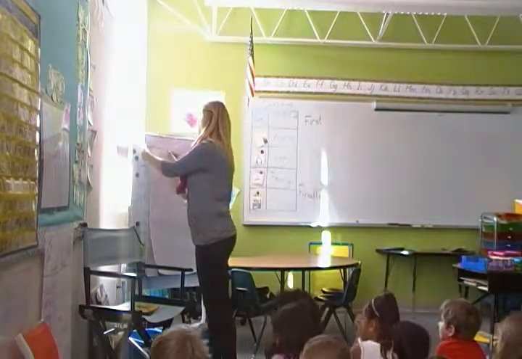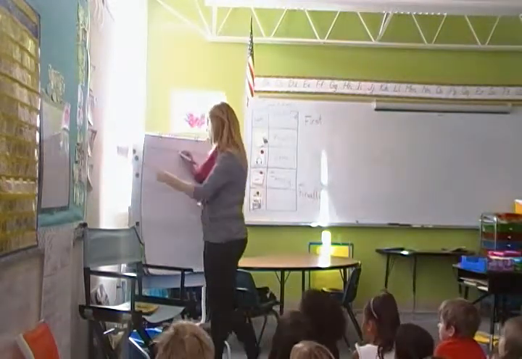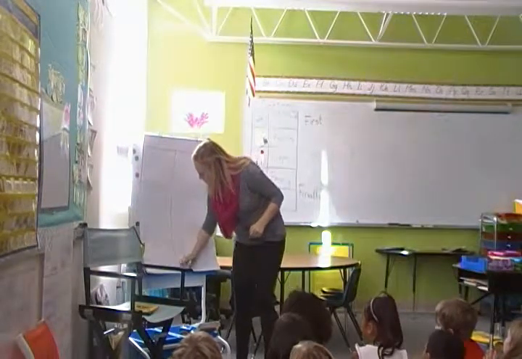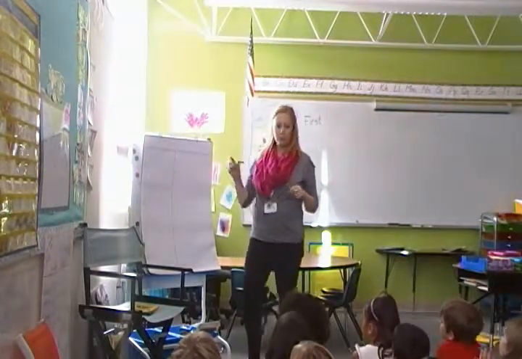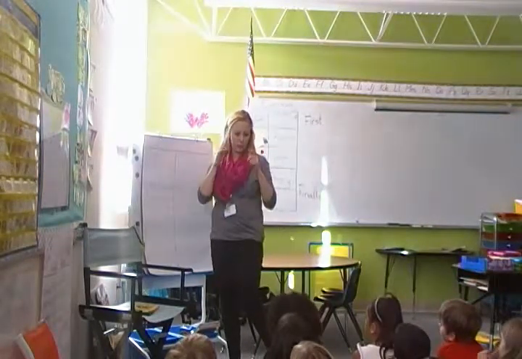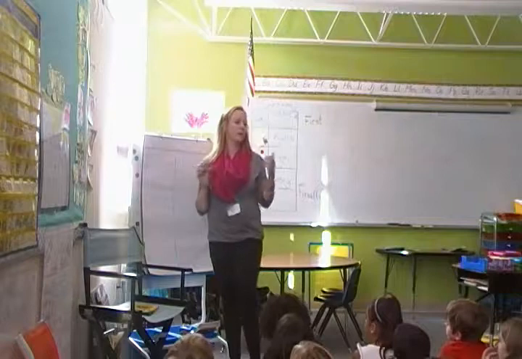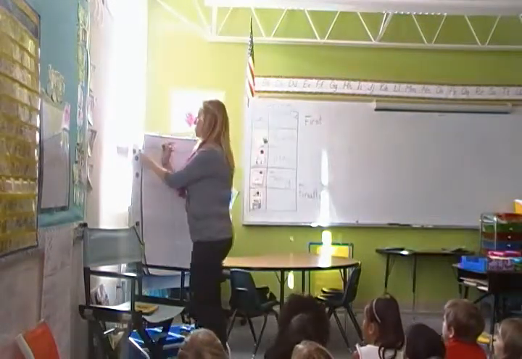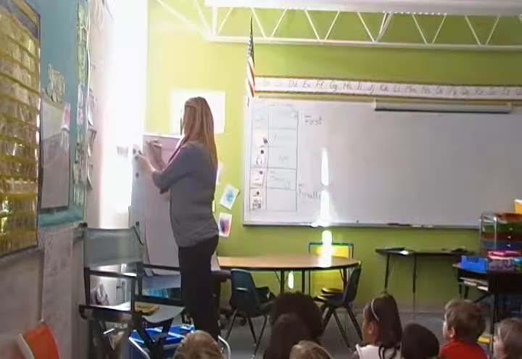So, I'm going to draw a big T for my T chart. All right, we're going to do one column as addition and one as subtraction. Just start thinking about things that you know about addition or subtraction.